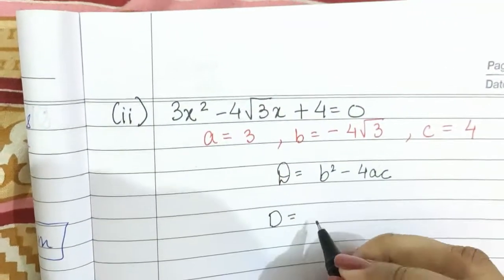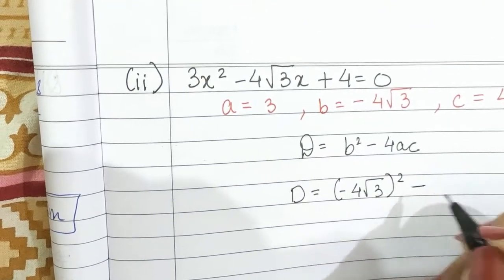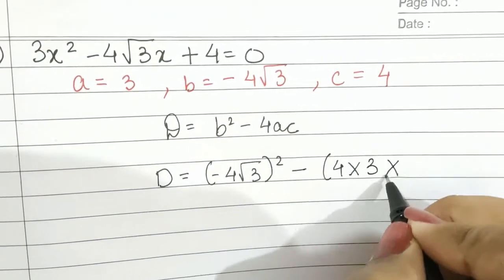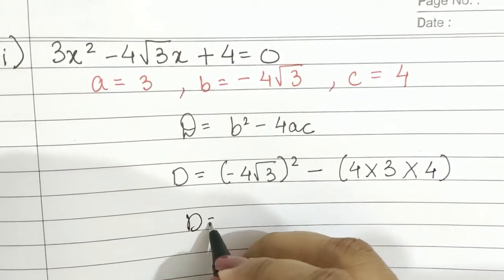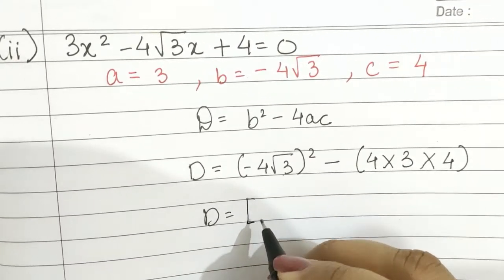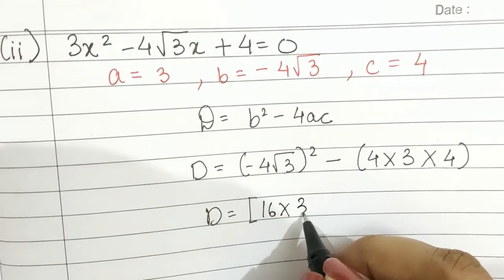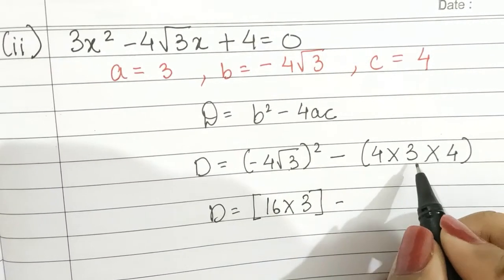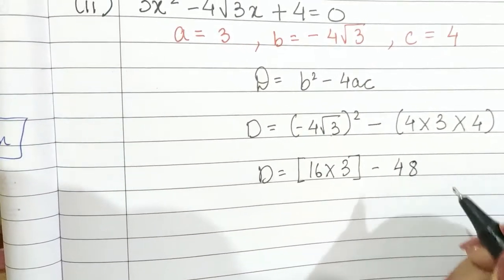D is equal to b square, which is minus 4 root 3 whole square, minus 4 into a, which is 3, into c, which is 4. D is equal to minus 4 root 3 whole square will be 4 4s are 16, 16 into root 3 square will give you 3, minus 4 4s are 16, 16 3s are 48.